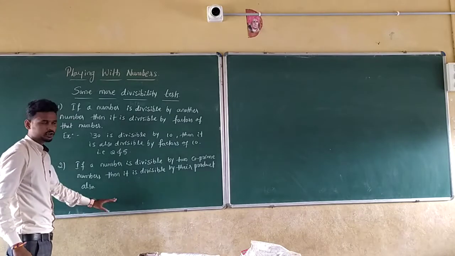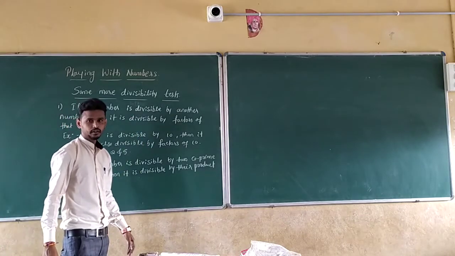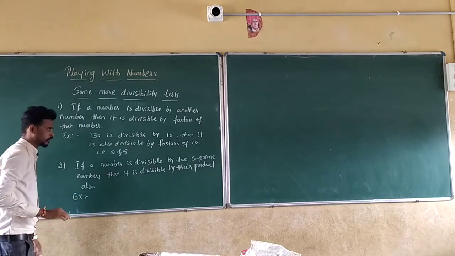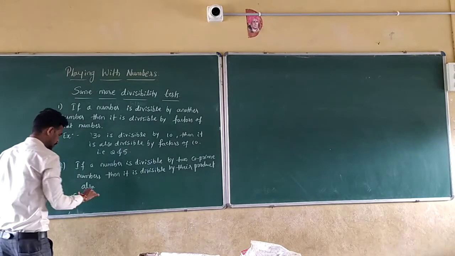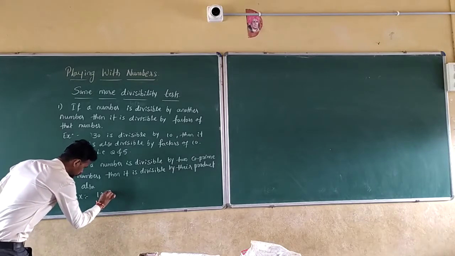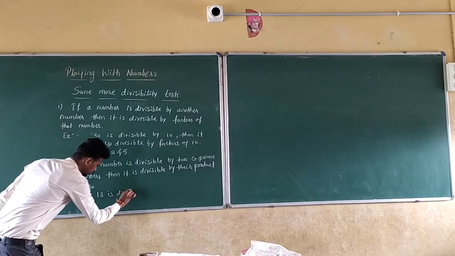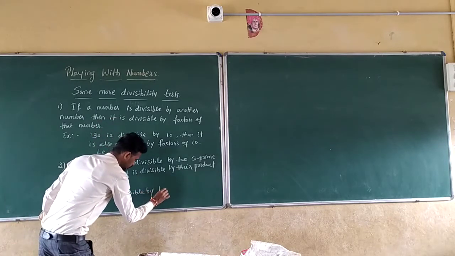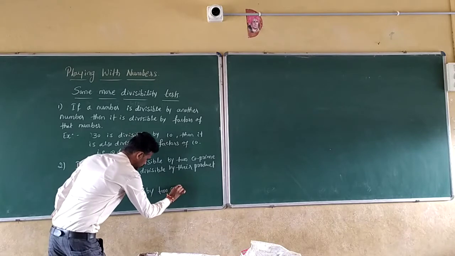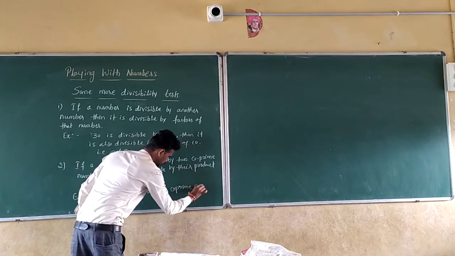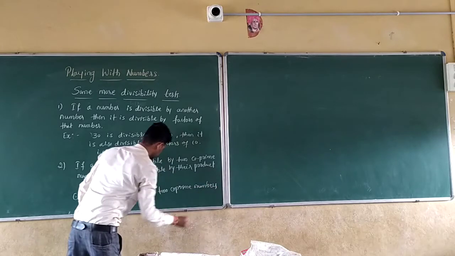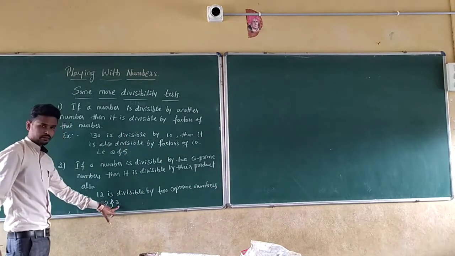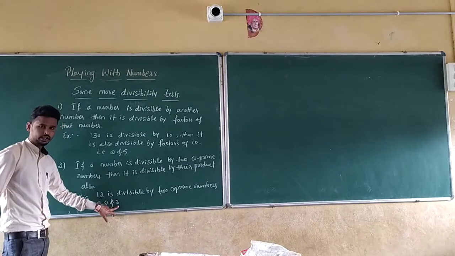So this one is also already answered, sixth question. Means if a number is divisible by two co-prime numbers, for example, let us take 12 is divisible by 2 and 3. 2 and 3 are co-primes and 12 is divisible by 2 and 3.